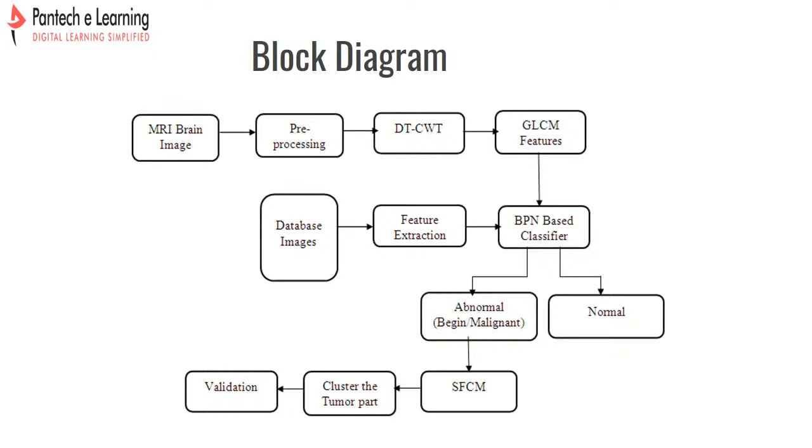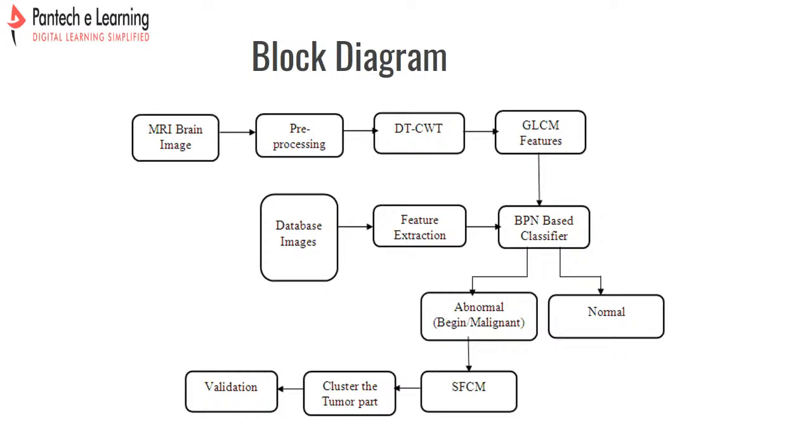Here feature extraction is done using GLCM only, the gray level co-occurrence matrix. I think in some previous projects we also applied this GLCM feature, and from that, while comparing the database with the input image, we will be able to define whether the image is normal or abnormal.